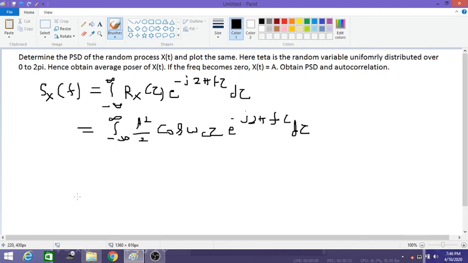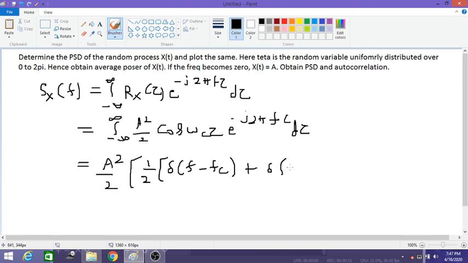So then we will get this as a square by 2 of again half of delta of f minus fc plus delta of f plus fc.